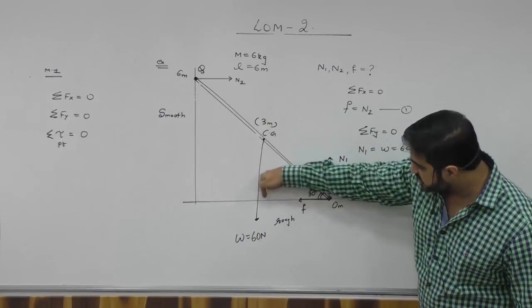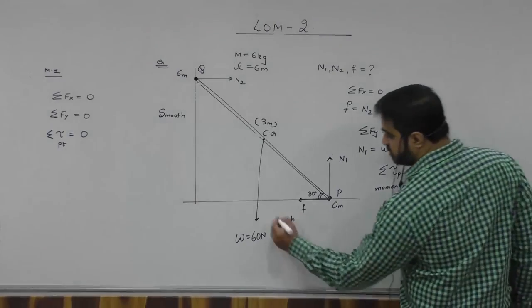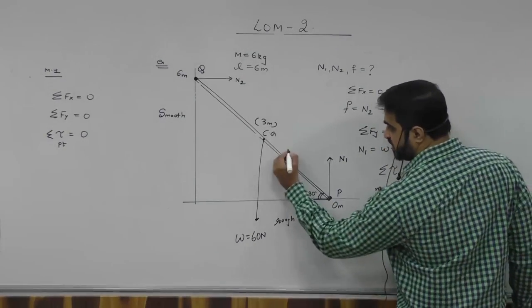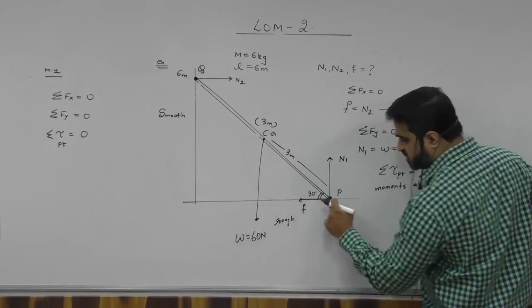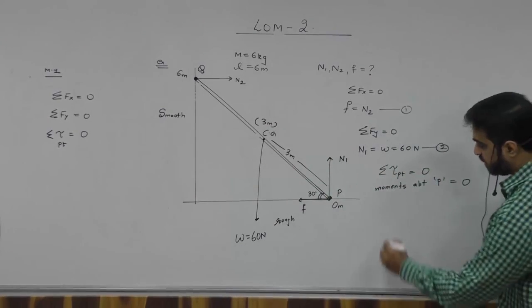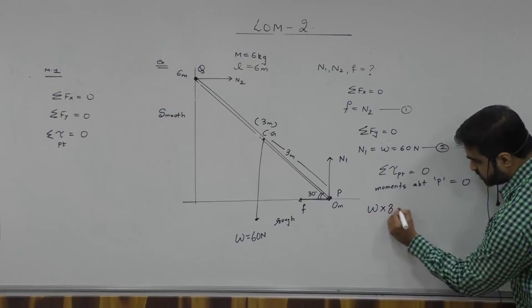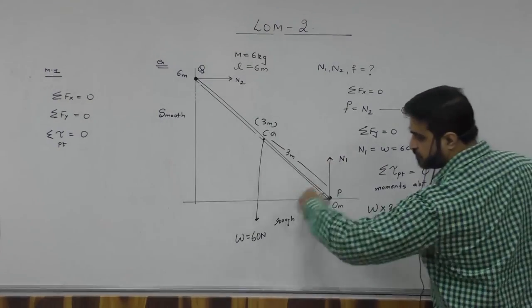So the perpendicular distance will be horizontal. Can you tell me how much is this distance? This is 3 meter. So this is 30, it will become 3 cos 30. So it will be W into 3 cos 30, right now? And how is it rotating?